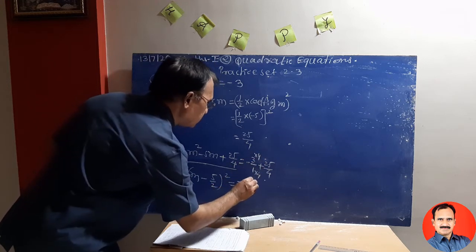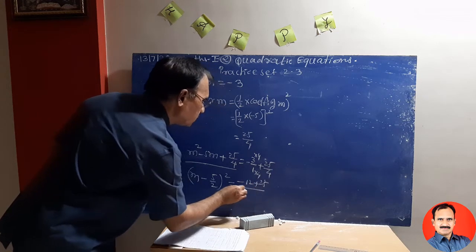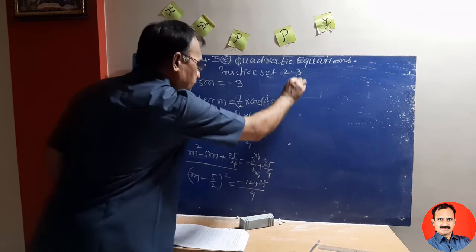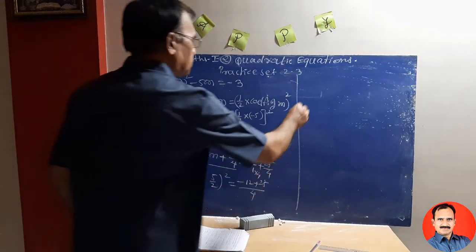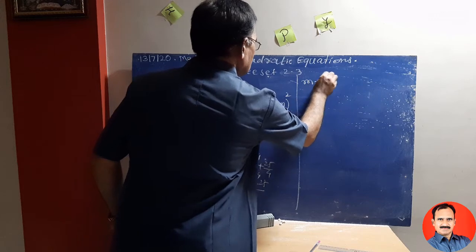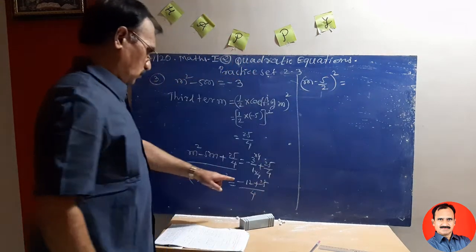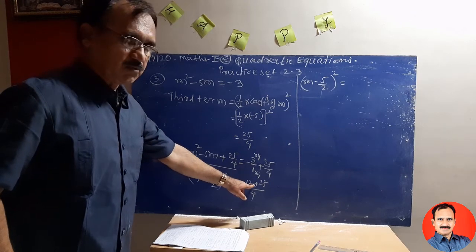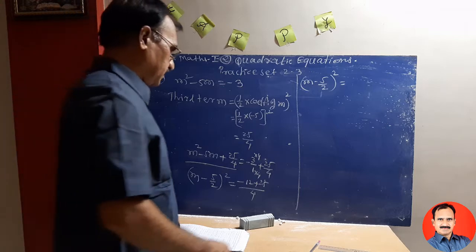Minus 3 into 4 is minus 12 plus 25 divided by 4. Now see here, m minus 5 by 2 bracket square is equal to minus 12 plus 25. Subtract 12 from 25 and give the sign of the bigger term, that is 13.